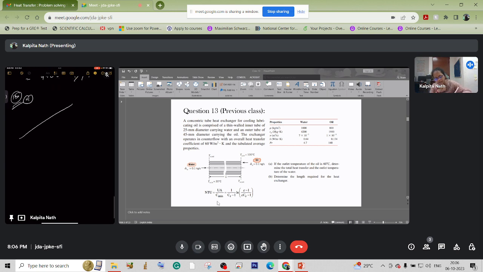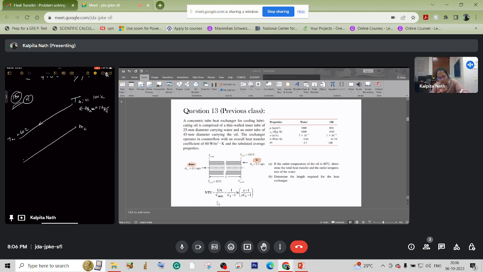So first of all, we can draw a simplified diagram. This is T_H, inlet is 100 degrees Celsius and outlet is given as 60 degrees Celsius, and this is the mass flow rate of hot fluid, 0.1 kg per second.